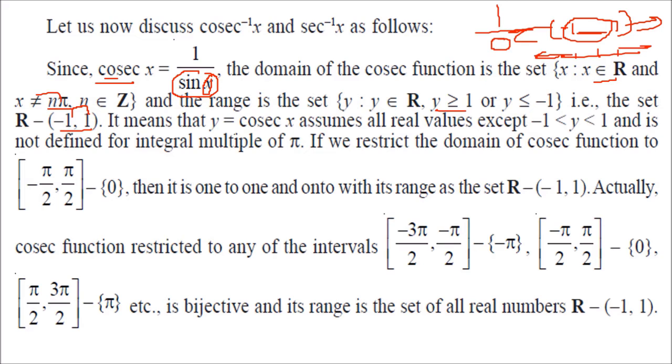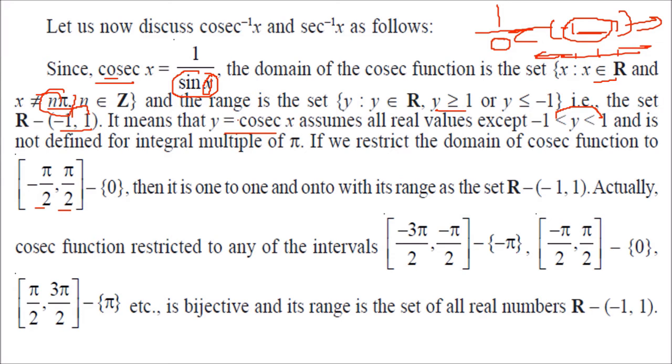So y equal to cosec x will assume what values? All values except any values between these. So y between minus 1 and 1 it will not take. And for any integral multiple of pi, it is also not defined. What we will do is restrict the domain of the cosec function to minus pi by 2 to pi by 2. Why?